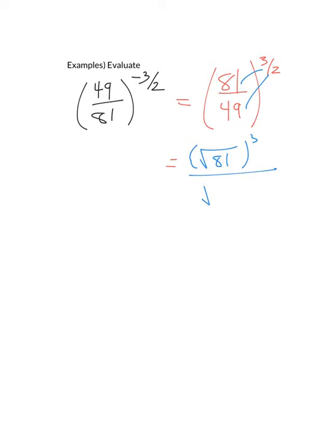And then I'm going to have the square root of 49 to the power of 3. The square root of 81 is 9 to the power of 3. The square root of 49 is 7 to the power of 3. And then if I go ahead and use my calculator there, I get 729 over 343.